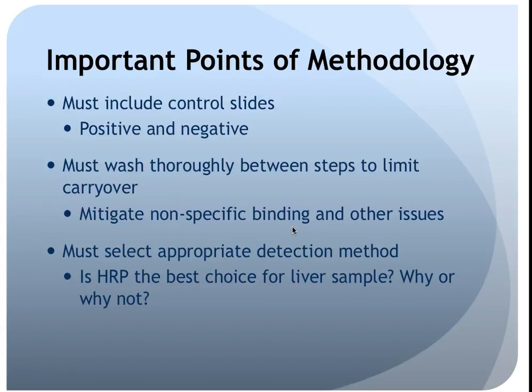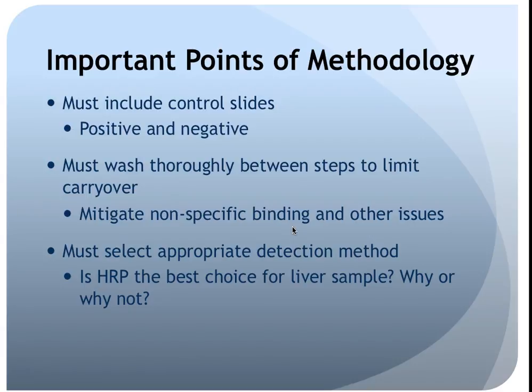We call it endogenous peroxidase because it's endogenous, meaning it's contained within the body. It's not something we add, right? But it's peroxidase, okay? Now, horseradish peroxidase is actually an enzyme that's going to react with this, okay? So what we don't want is our HRP reacting all over the liver tissue, okay?